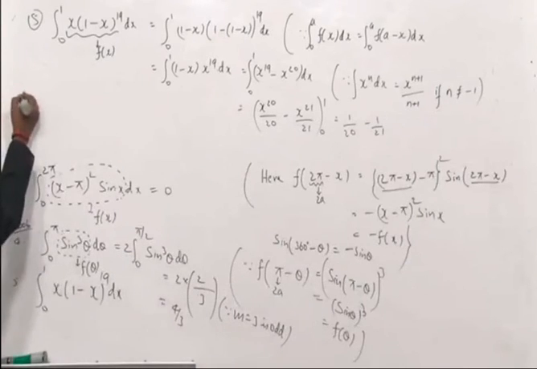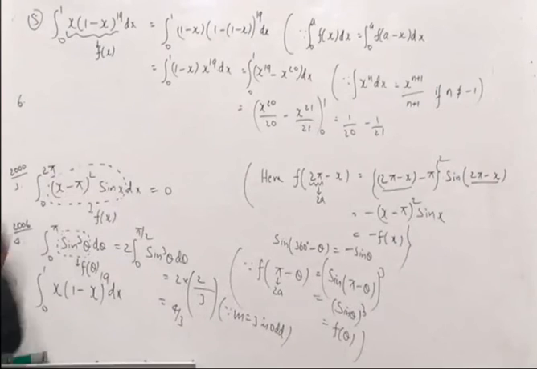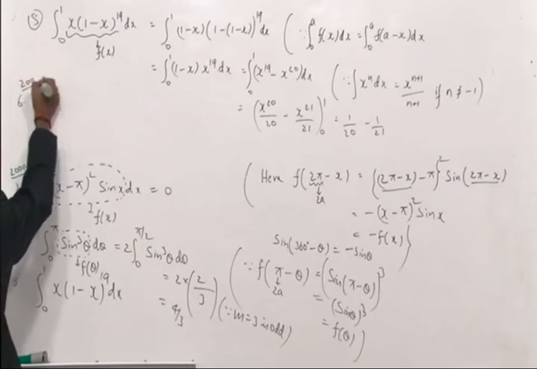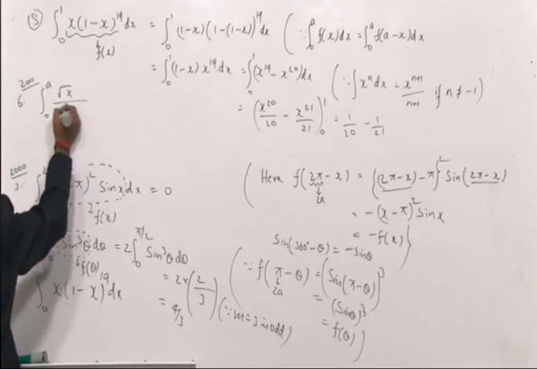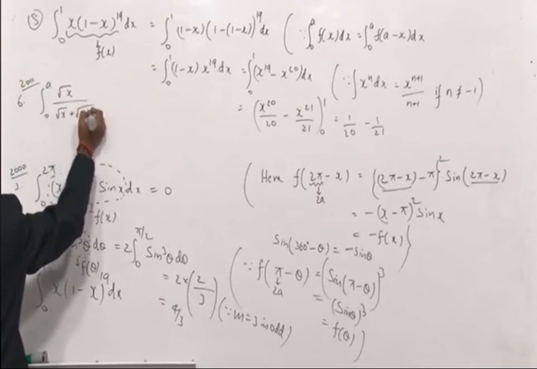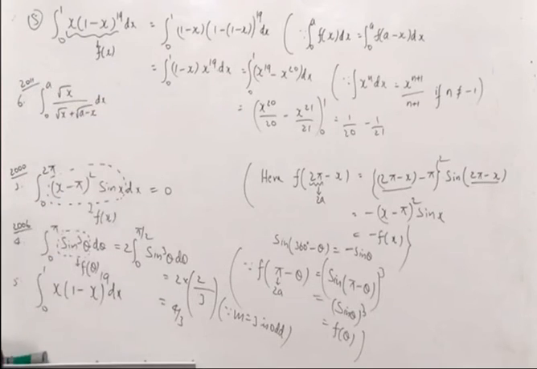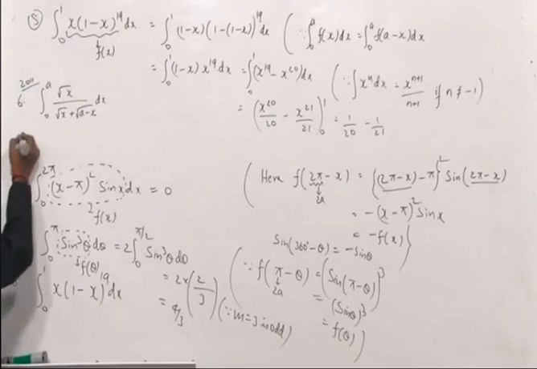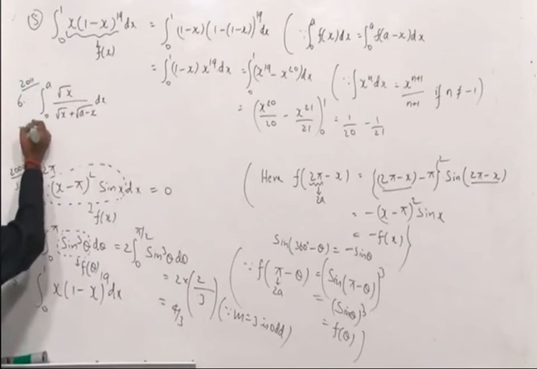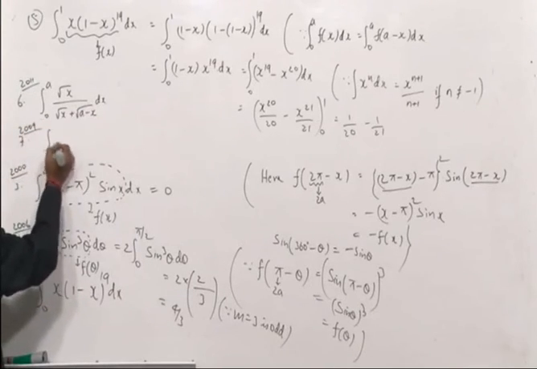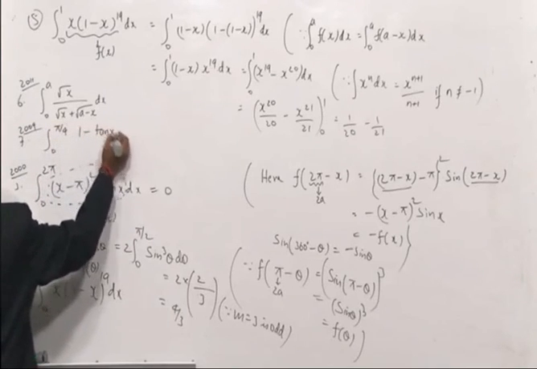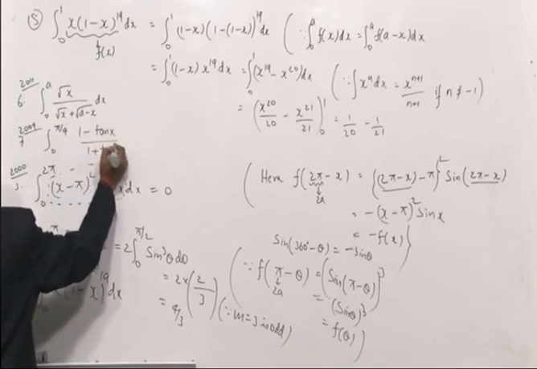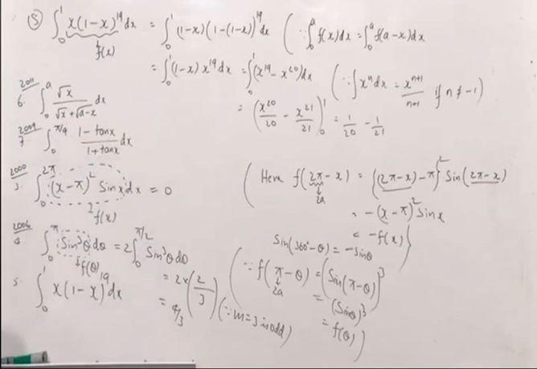Now giving continuously the sixth problem, 2011: integral 0 to a of root x by root x plus root of a minus x, dx. Seventh, 2009: integral 0 to pi by 4 of (1 minus tan x) by (1 plus tan x) dx.